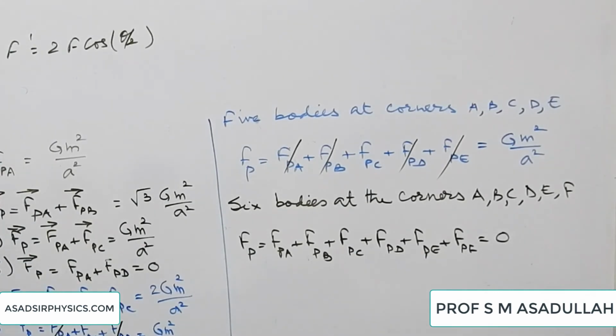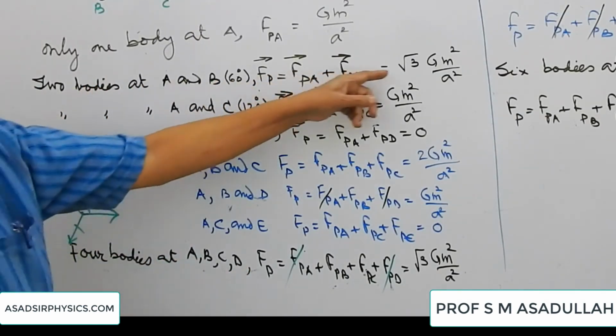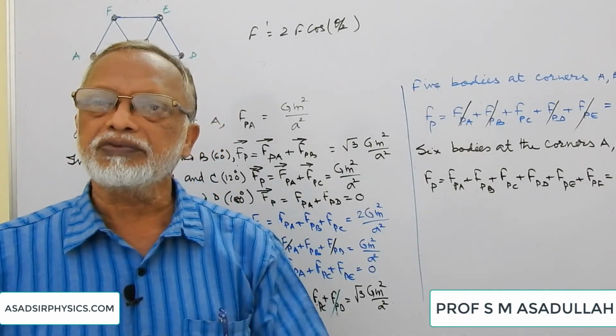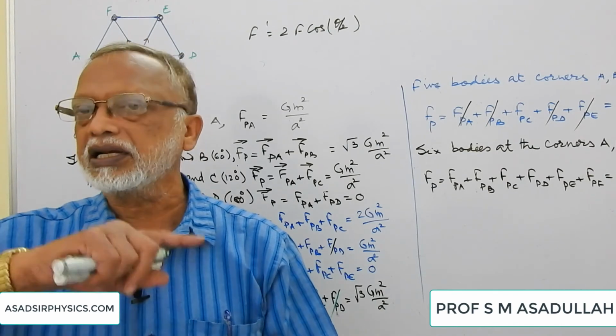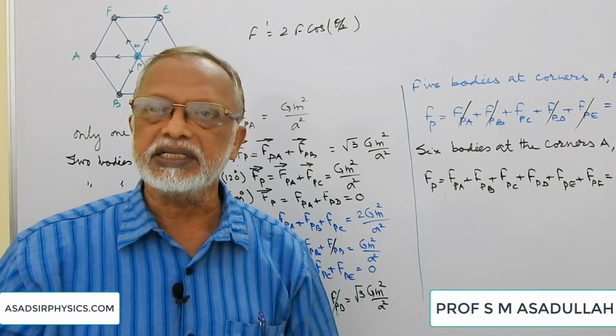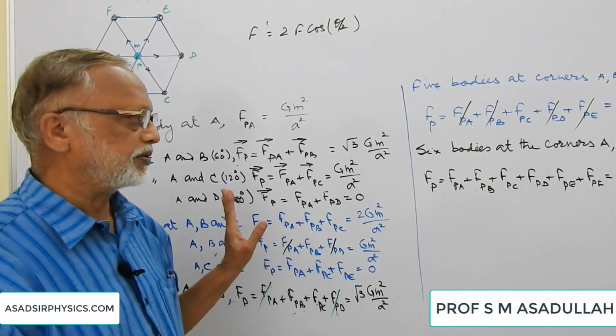Then one more thing we have seen: if four bodies are present, the answer is the same as when only two bodies are present at adjacent corners. If two adjacent corners are vacant and all the remaining corners are occupied, the answer is the same, root 3 GM square by A square. I hope the answer is very clear to you.